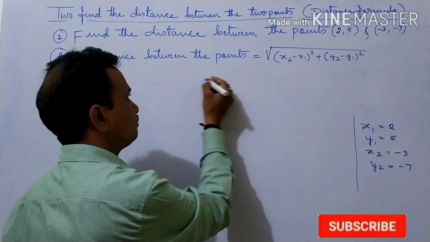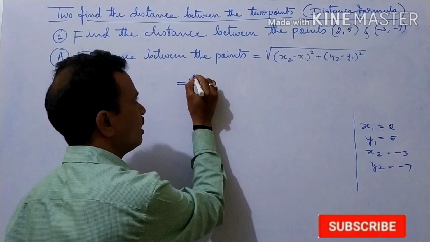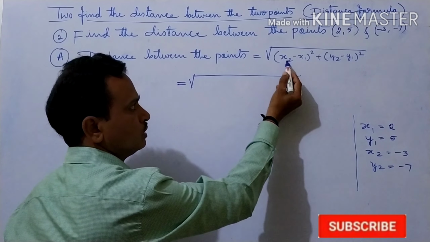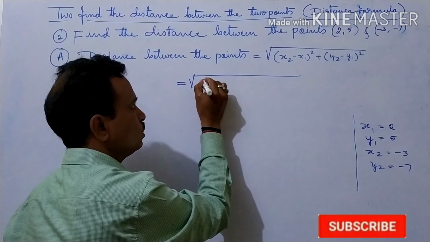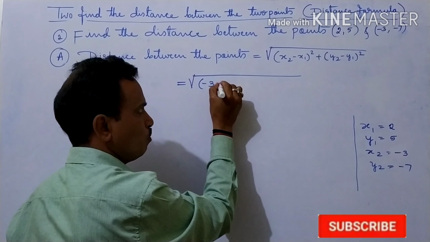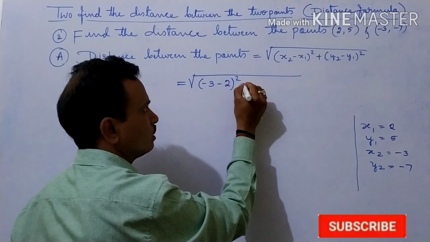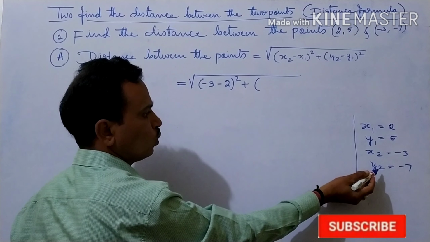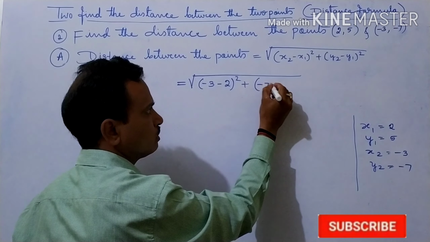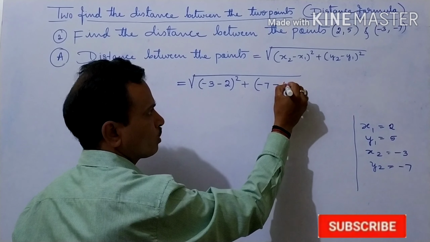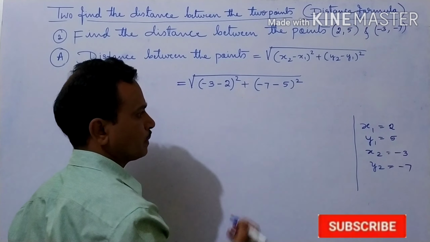Then substitute all those values in this formula. x2 is minus 3, minus x1 which is 2, whole square, plus y2 which is minus 7, minus y1 which is 5, whole square.